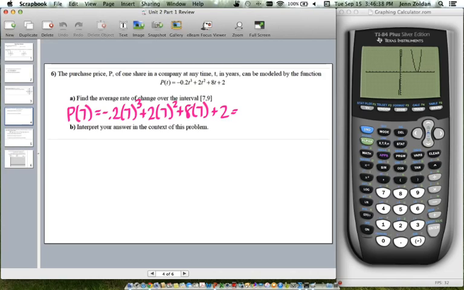I'm going to put that in my calculator. So negative 0.2 times 7 to the third plus 2 times 7 squared plus 8 times 7 plus 2. That gives you 87.4. Also going to find P of 9.